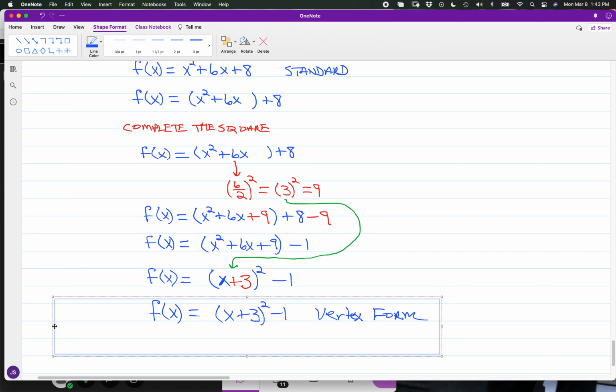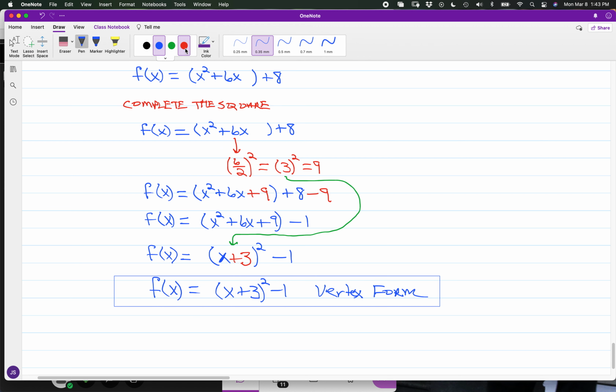As for the vertex itself, just looking at what we have from the vertex form, let's go ahead and write this up. We have a is equal to 1. And from x plus 3, if x plus 3 is equal to 0, we have that x is equal to negative 3.